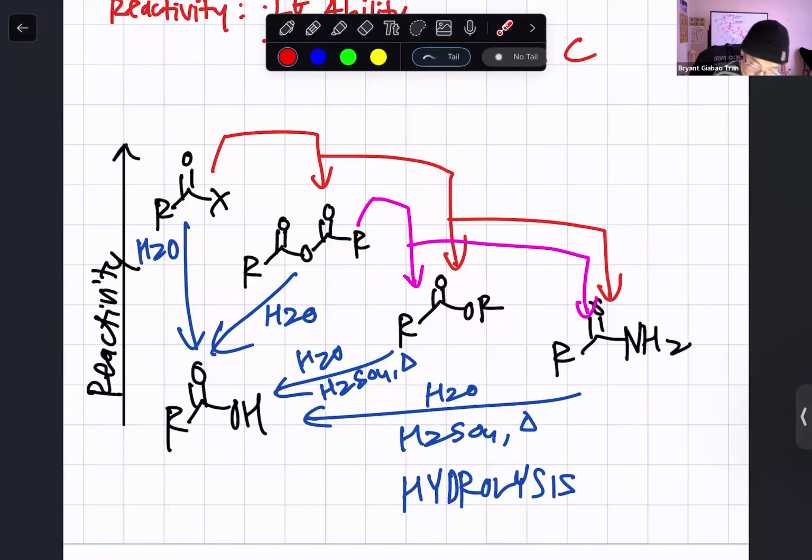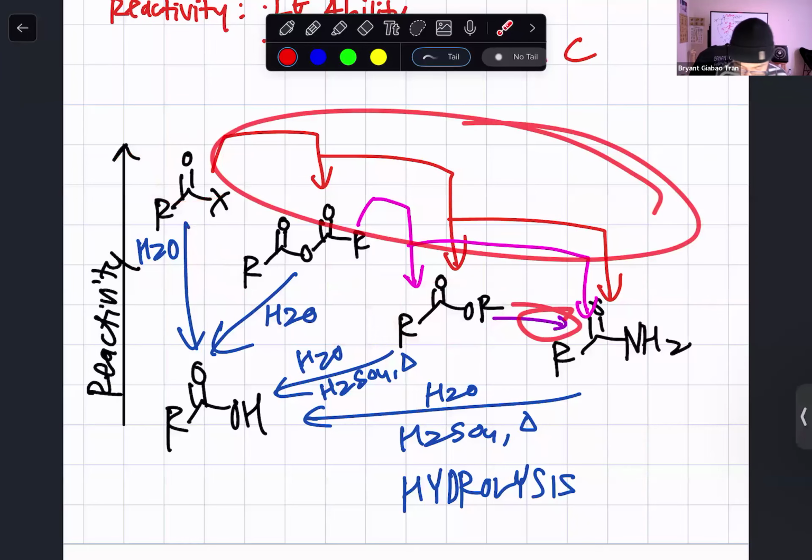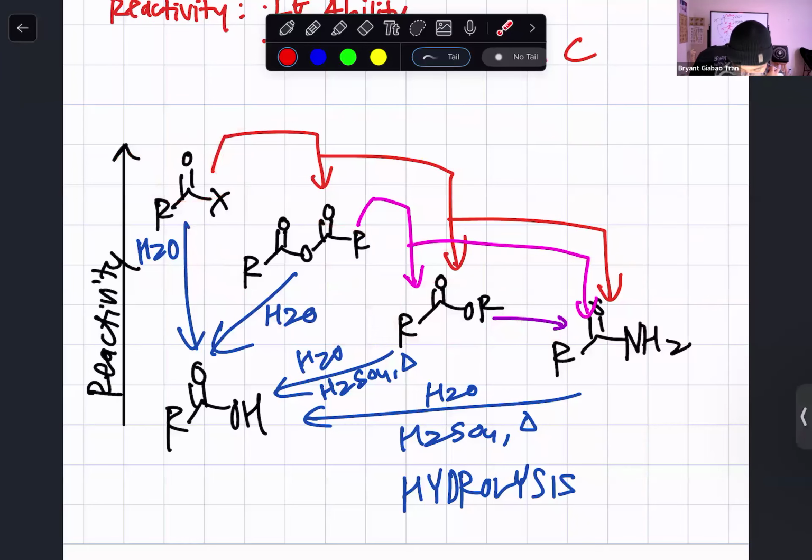Right. So that also means that the ester here can be converted to the amide in one step, but the ester cannot be converted to the anhydride or acyl halide in one step. We'll go over the reagents for these soon when we go over the mechanisms.